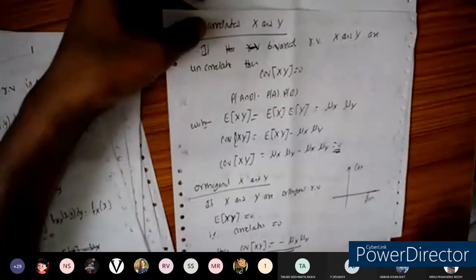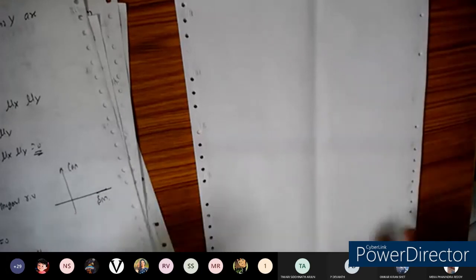Similarly, the uncorrelated concept can be extended for the nth random variable, which we can call independent.